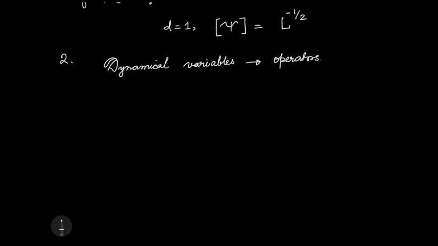So for each dynamical variable, there is one operator, and remember that we said that if A is the dynamical variable, the operator is A, we write A hat, and if the system is in the eigenstate of A, then it will satisfy this equation, which we call the eigenvalue equation.